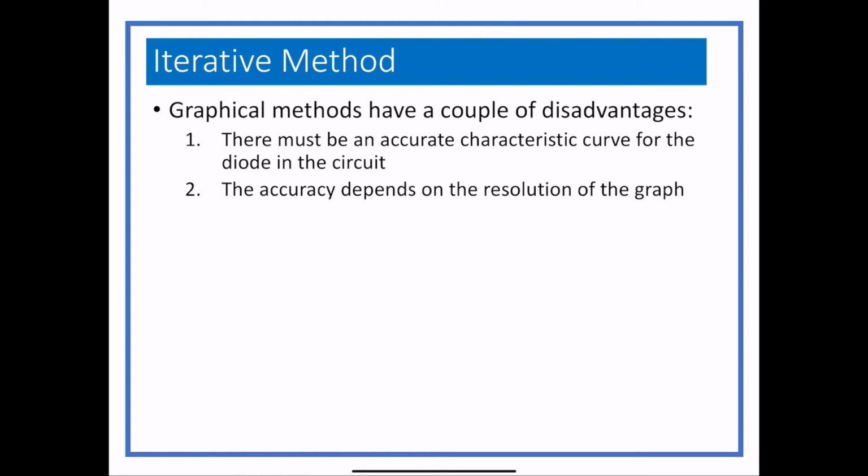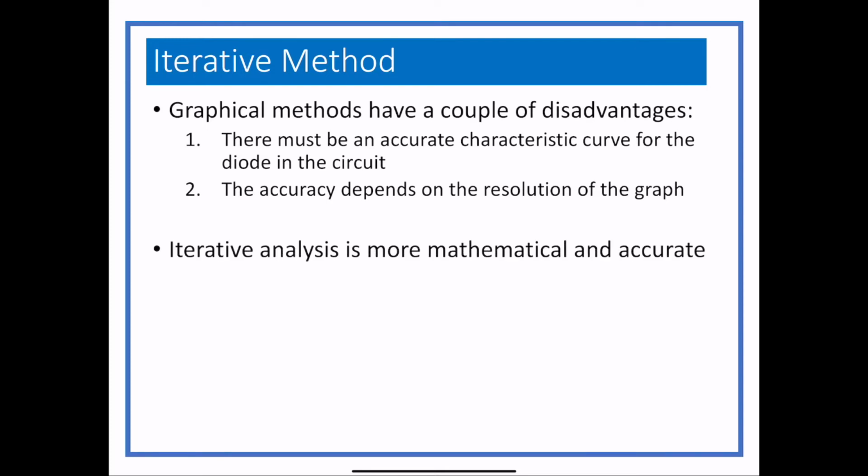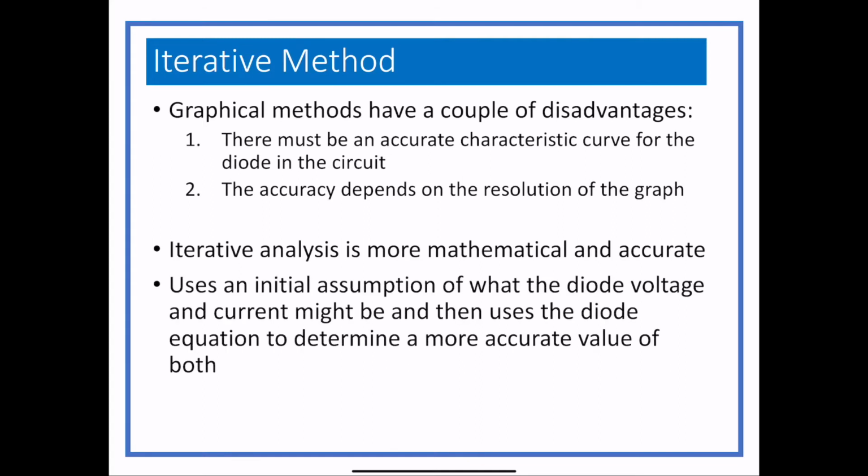So the other method we can use is the iterative method, and the iterative method is mathematical and it's very accurate. The way we do this is we make an initial assumption of what the diode voltage and current might be.